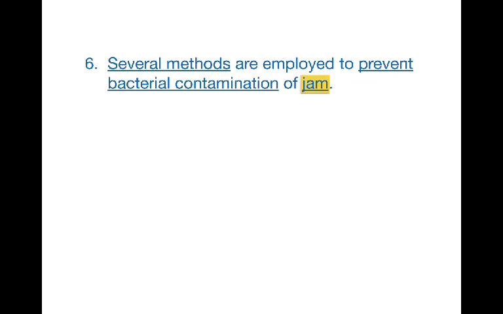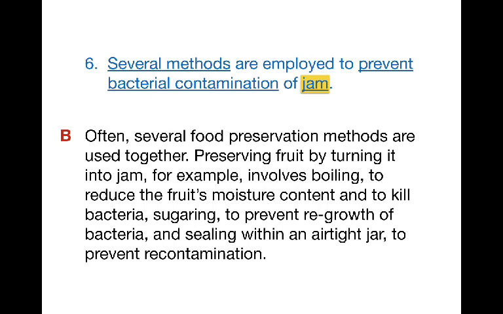We read at normal speed through paragraph A, but you won't find anything there. But when you get to paragraph B, you do find something about jam. So let's read from the start of this paragraph carefully. Often several food preservation methods are used together.